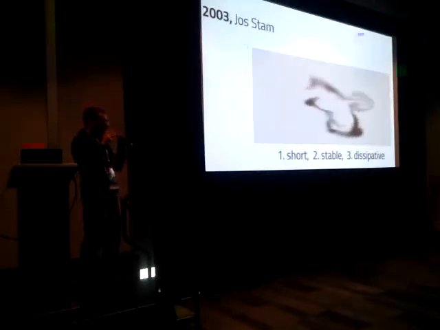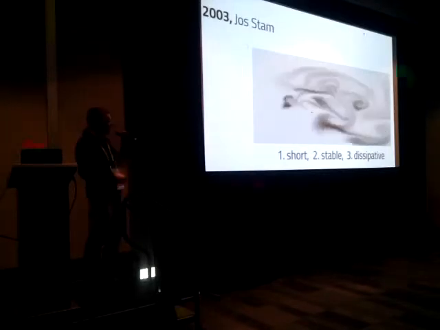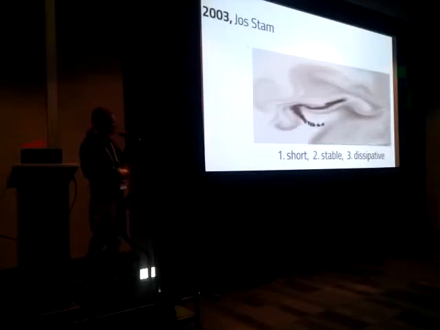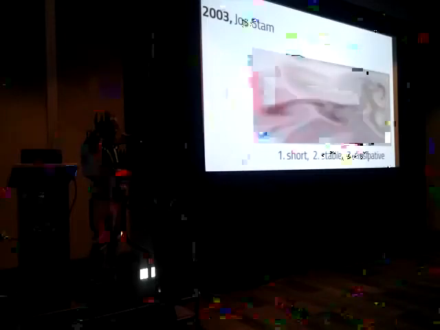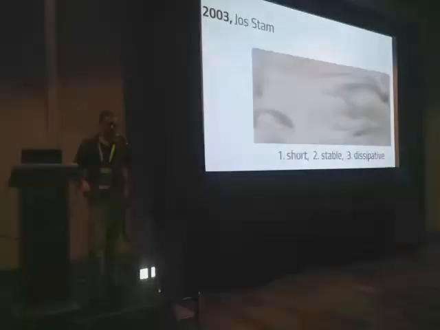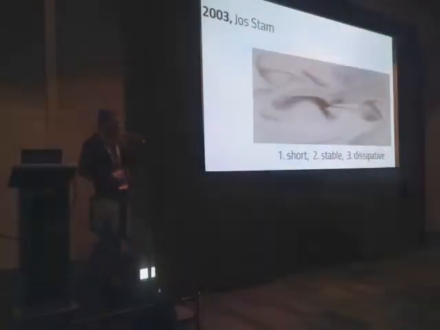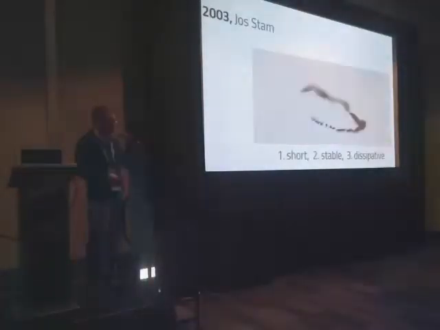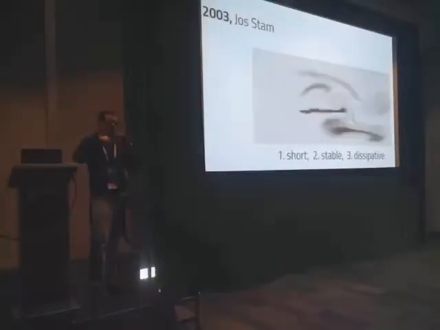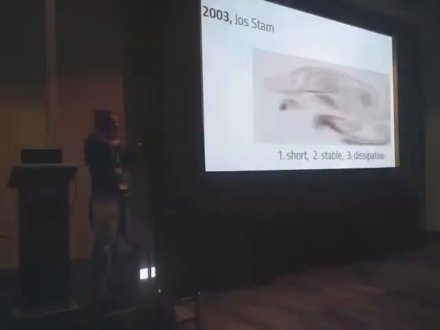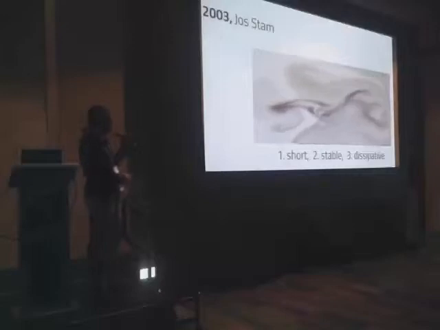So there is some more high math involved, but it's also straightforward to implement. So it's short. The computational code presented by Jos Stam is like one page of C code. It's stable, means you may get as large time steps as possible.